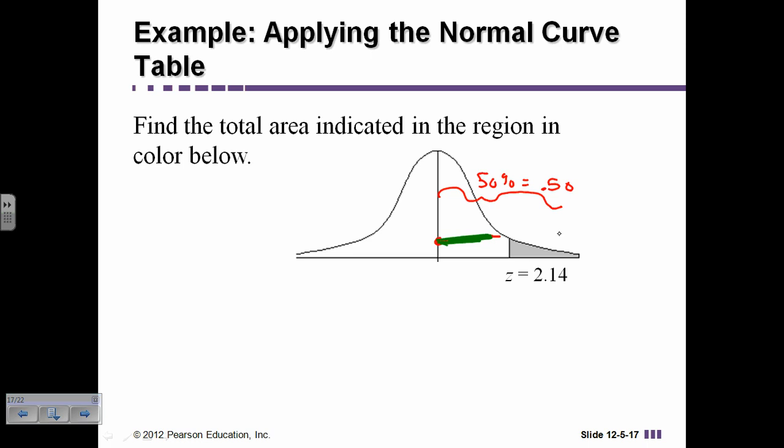So looking at our chart, we're going to look up the 2.14, and we find out this area here is 0.484. So again, if I want to know the shaded area, I'm going to say 0.50 minus 0.484, and we're going to end up with an area of 0.016.